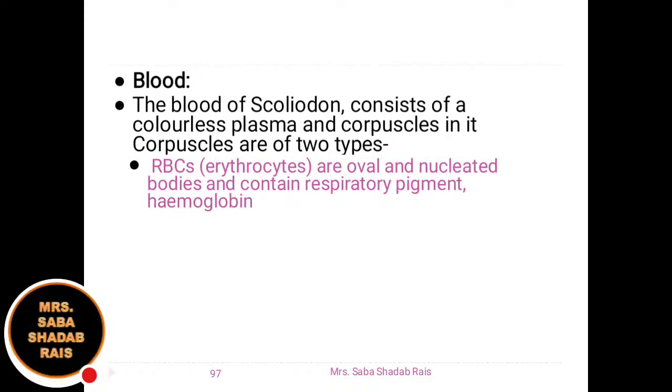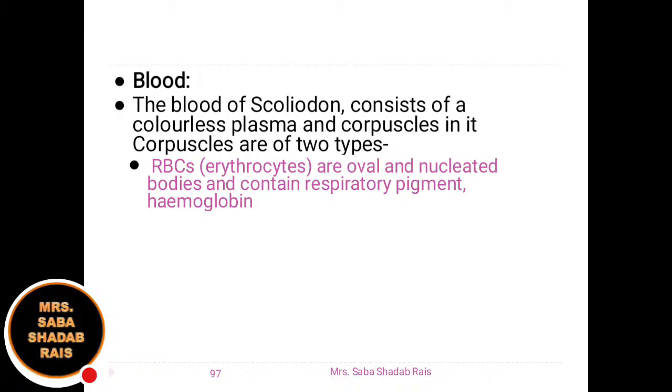The first is RBC. RBC is oval. In our case, how is it? It is biconcave. Okay. Now in the case of humans, RBCs are enucleated, but RBCs of shark are nucleated.